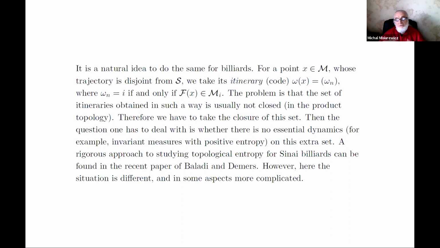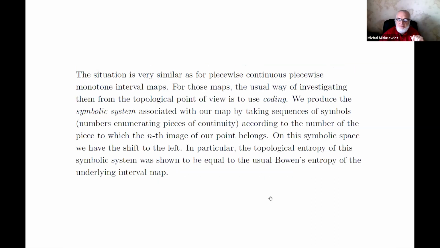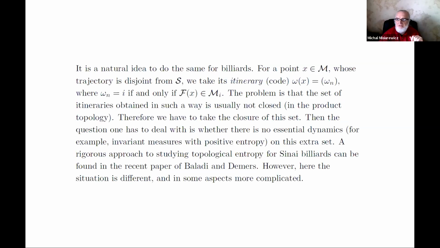Okay, so we have the billiard, and we want to make a coding. So for a point whose trajectory is disjoint from S. Now, did I say what M and S are? Of course I didn't.